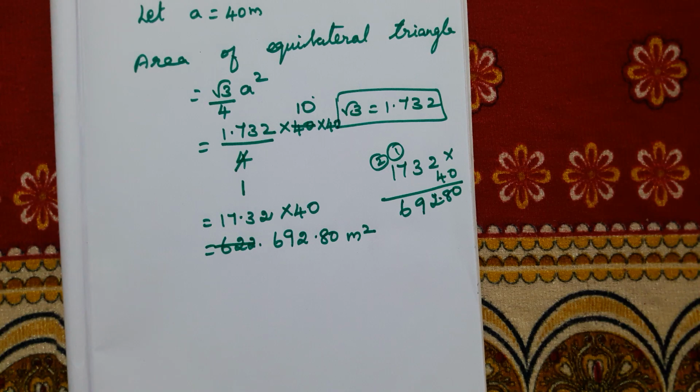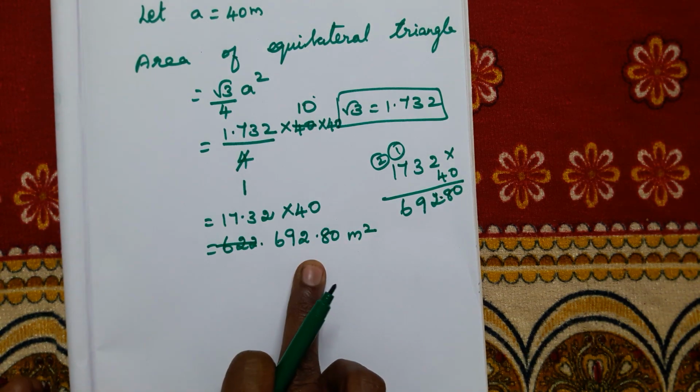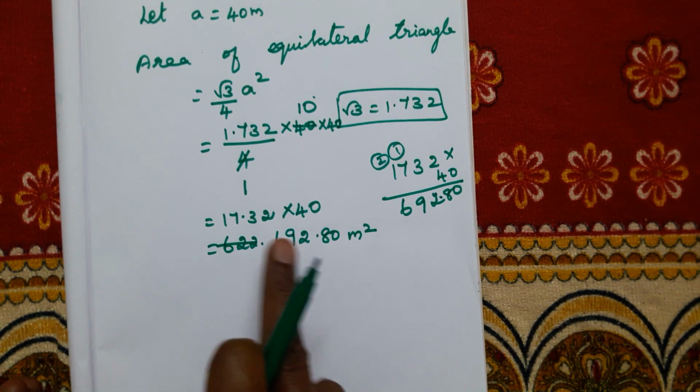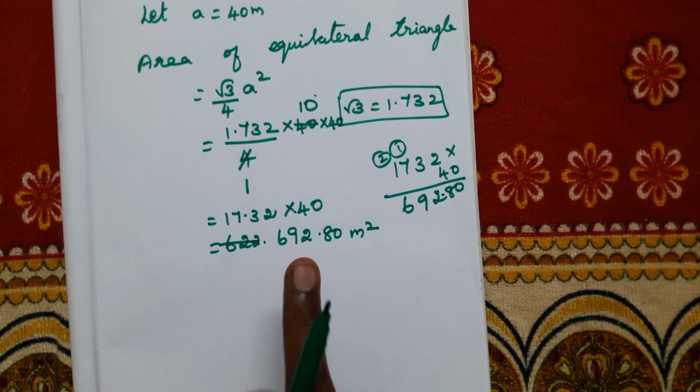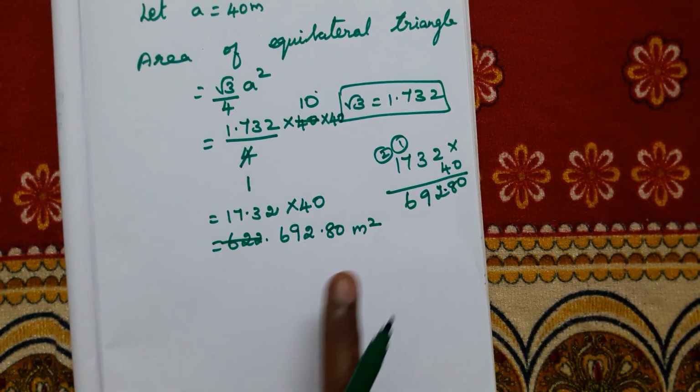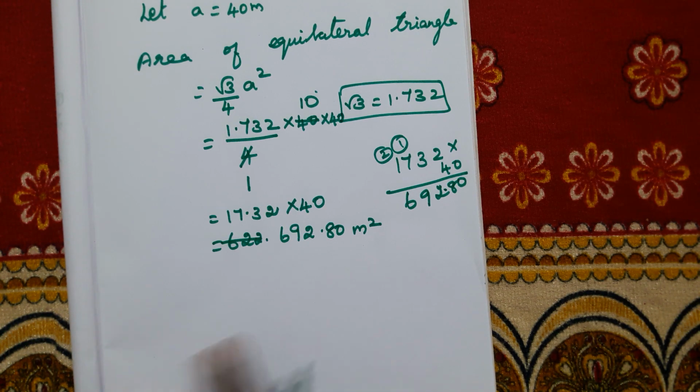Which area is spacious? Both, everything: the 3 also have the same perimeter. But the area of the equilateral triangle should be the most spacious. This equilateral triangular plot is spacious. Okay. Clear this?